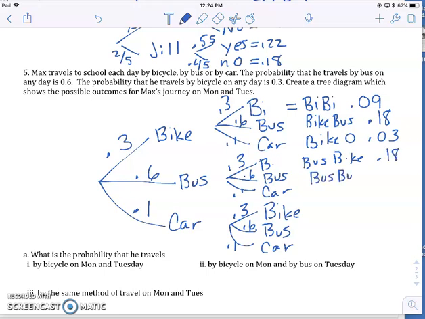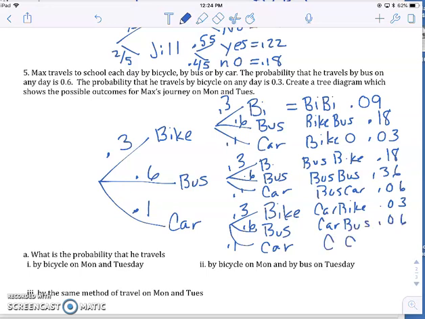Bus, bus, 0.36. Bus, car, 0.06. Car, bike, 0.03. Car, bus, 0.06, and car, car, 0.01.